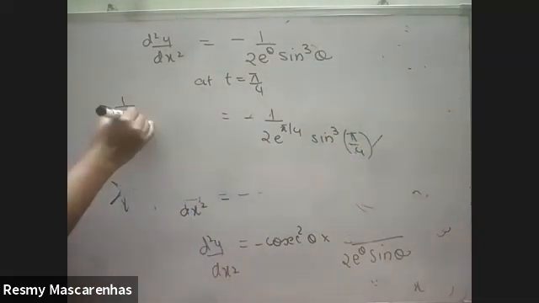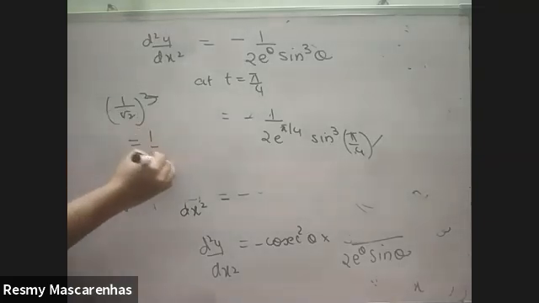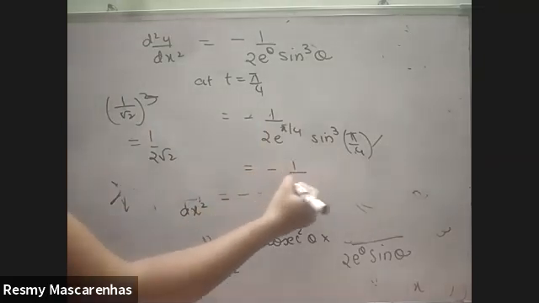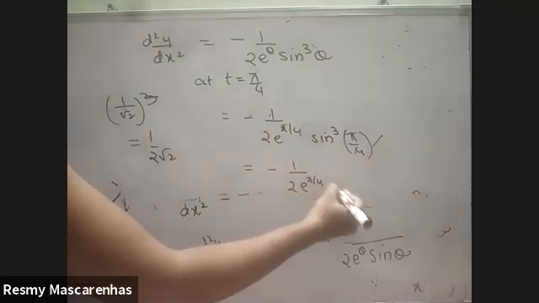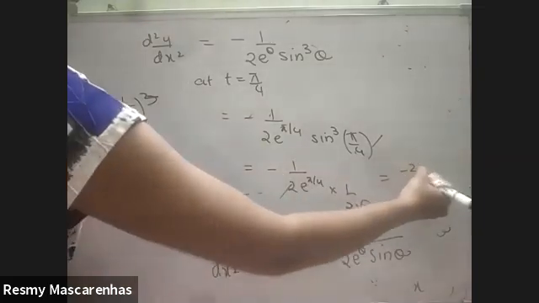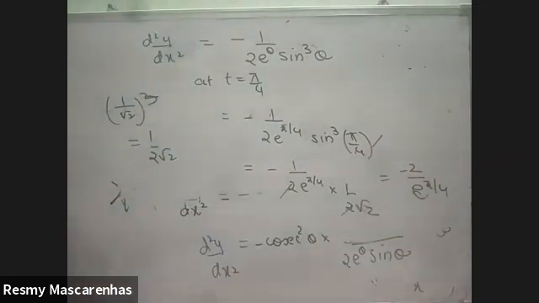So 1 by root 2, the whole cube, 1 upon 2 root 2. That will be your answer. Root 2, sorry. Yeah.